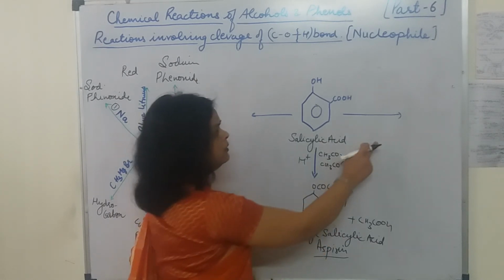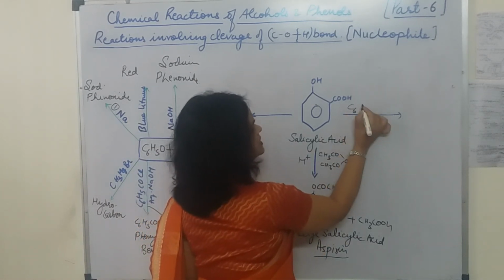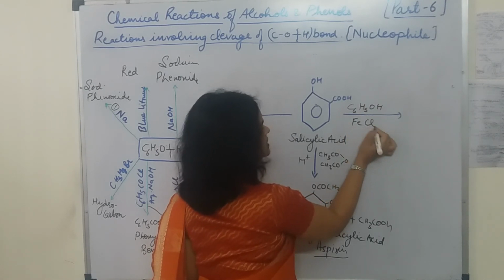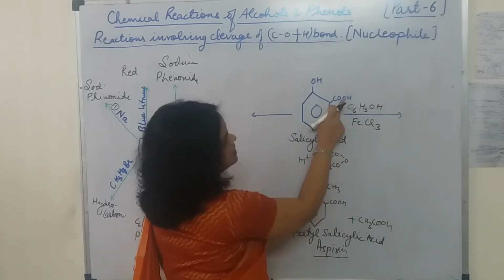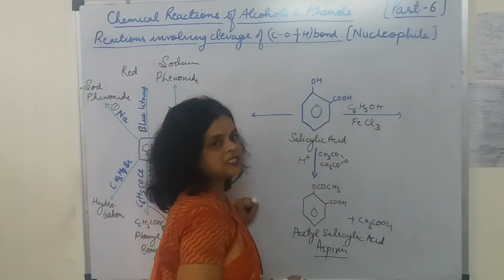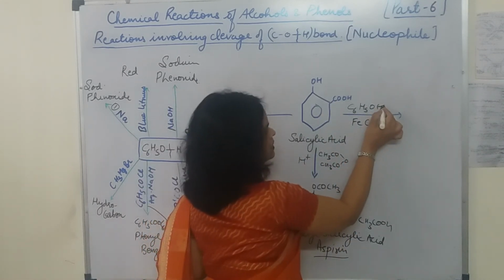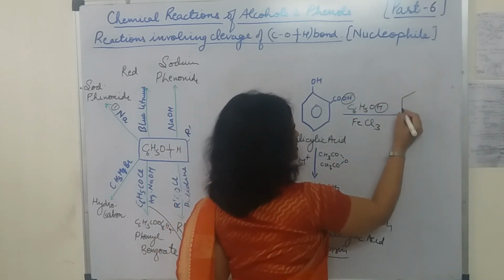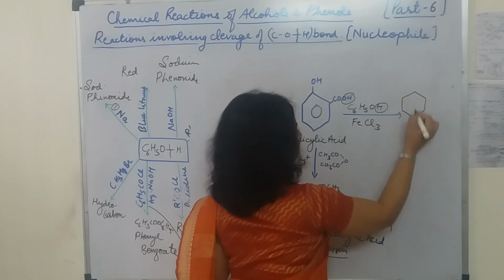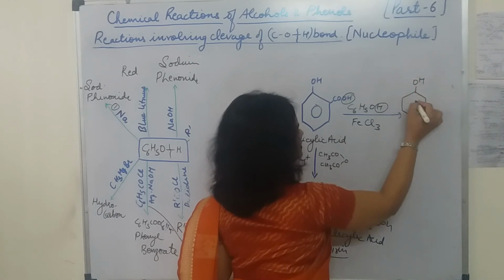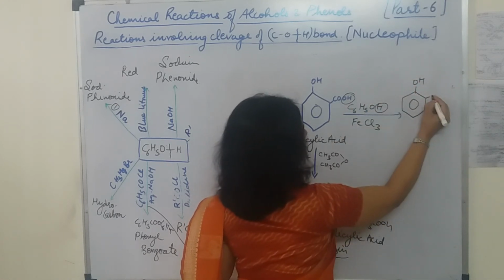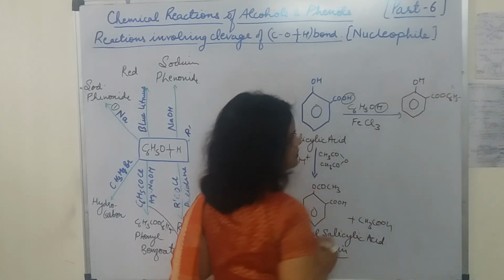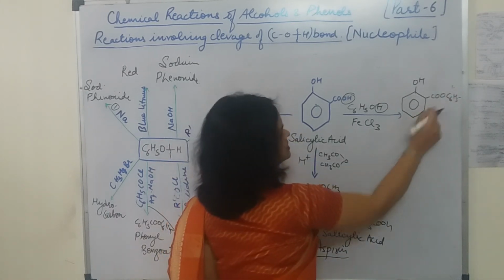Okay. Now here, when it combines with C6H5OH in the presence of FeCl3, what happens? This COOH part combines with this. Okay. Now here, this H and this OH combine. So what is the structure of the product formed? OH as it is. And here we get COOC6H5. Okay.